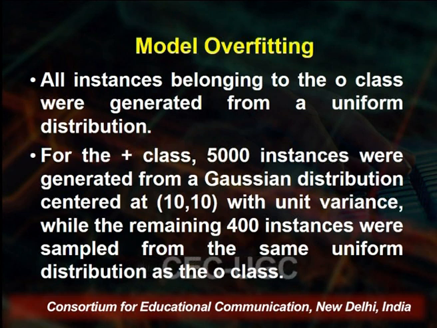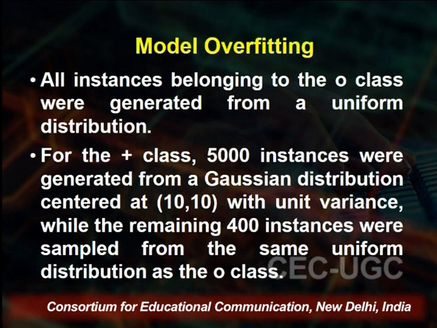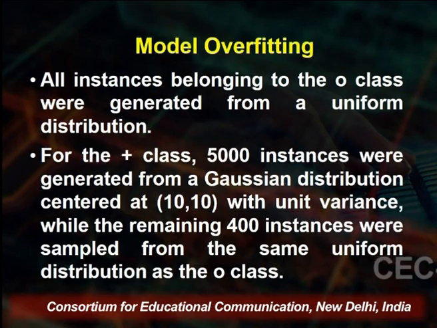Actually, 5000 instances are generated using the Gaussian distribution, which is centered at (10, 10) coordinates with unit variance, and the remaining 400 are sampled from the same uniform distribution as the O class. So the O class uses a uniform distribution and the plus class uses a Gaussian distribution. Out of 5400, 5000 use Gaussian and the remaining 400 are sampled from the instances of the O class only.